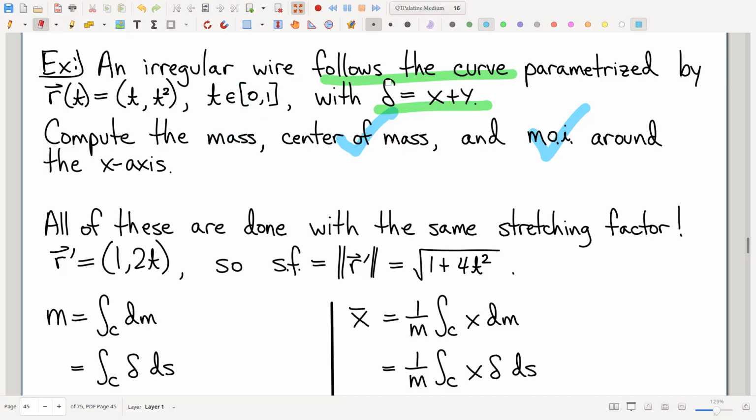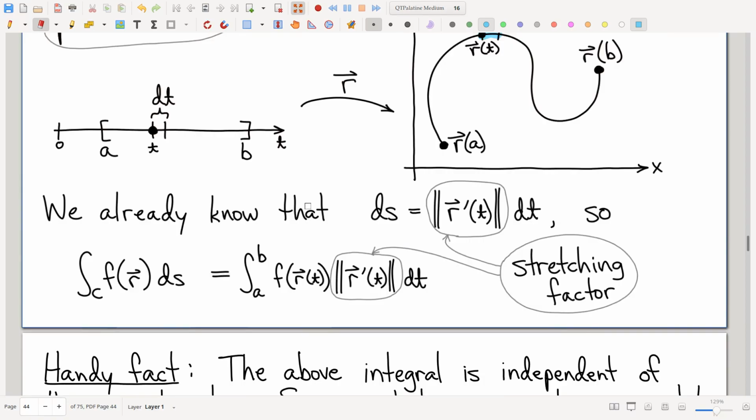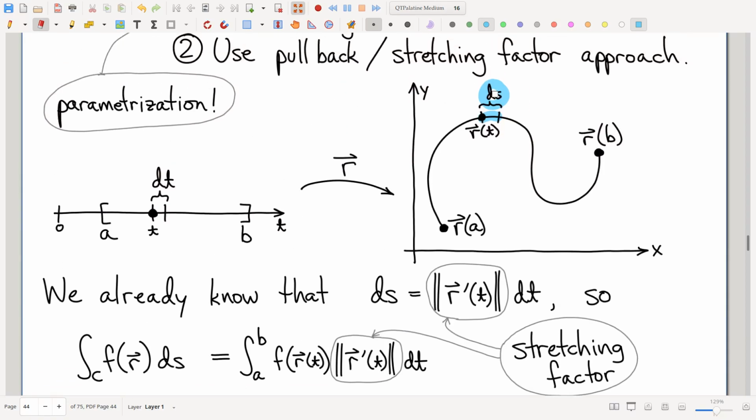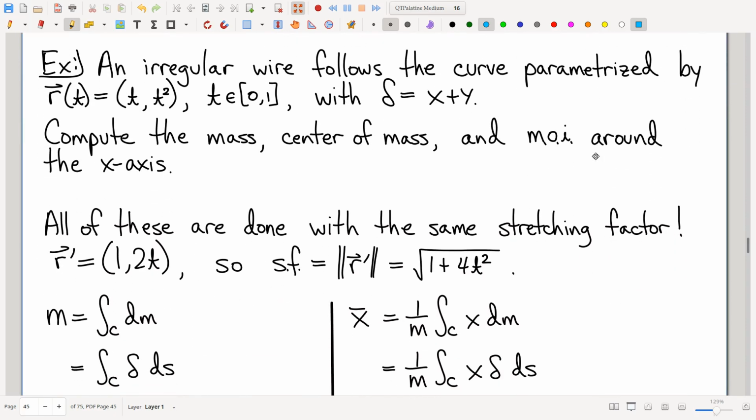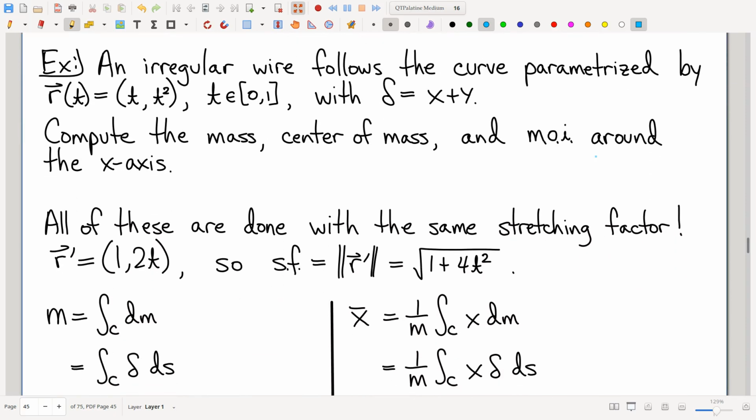And we proceed as follows. Go back up to here, and this is our roadmap. This is how we get stuff done. And notice the very first thing you've got to do before you can write this down is you've got to actually parameterize your curve. So that's going to be our first thing, parameterize the curve. Just to get the ball rolling on this example, you'll notice I gave the parameterization.